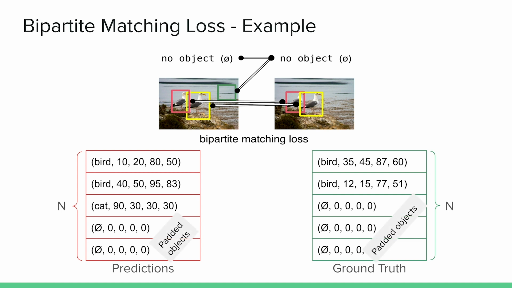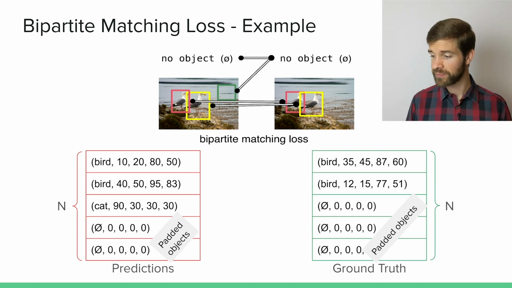So the first thing we see here is that we have a fixed set of maximum predictions that we're allowed to produce. And if there are no more elements in our input, then we just pad those objects to always have a fixed length set here.